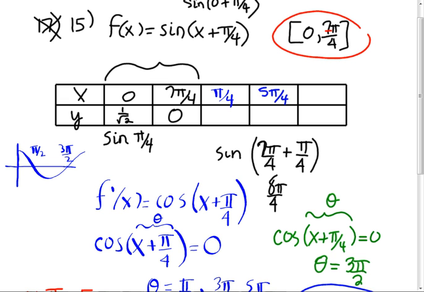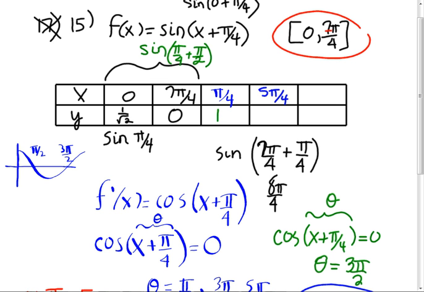Okay. So all you have to do is evaluate this. What is the sine of, and if you think about it, you're just shifting 45 degrees. It's pi over 4 plus pi over 4. What is that? That's 90 degrees. What's the sine of 90? 1.